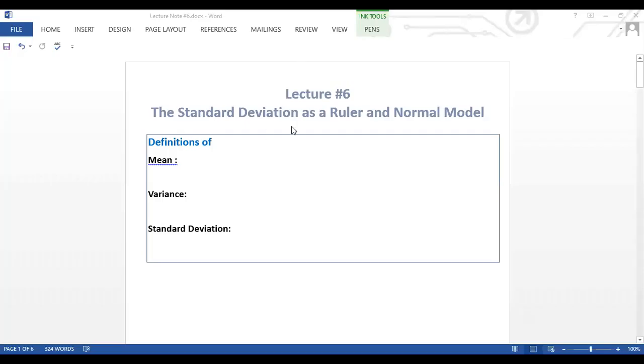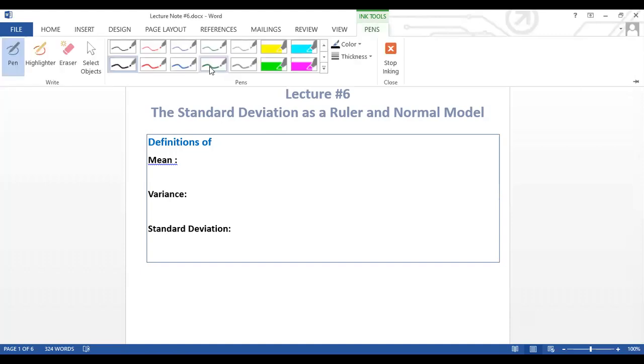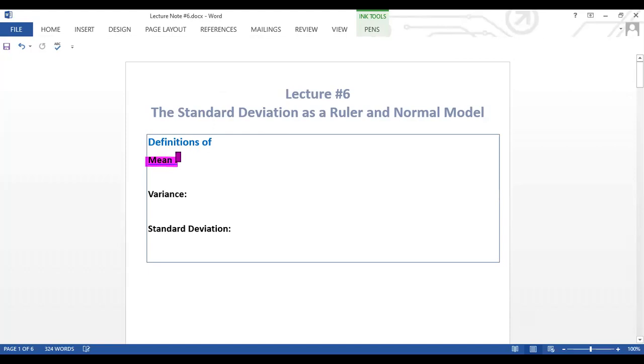Okay, before we start, the first thing, we need to introduce some terms, and some of these you maybe will hear again. So the first thing here, we're going to talk about one very important term, the mean.